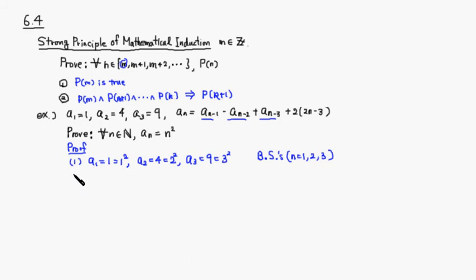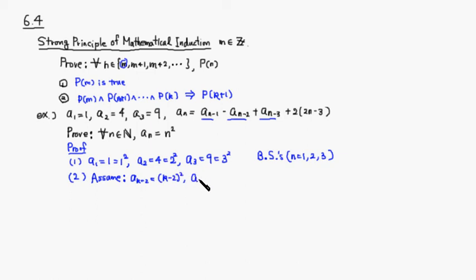So the second step is the induction hypotheses. Since we checked the 3 base cases, we can assume 3 induction hypotheses. Which is a_(k-2) is (k-2) squared.